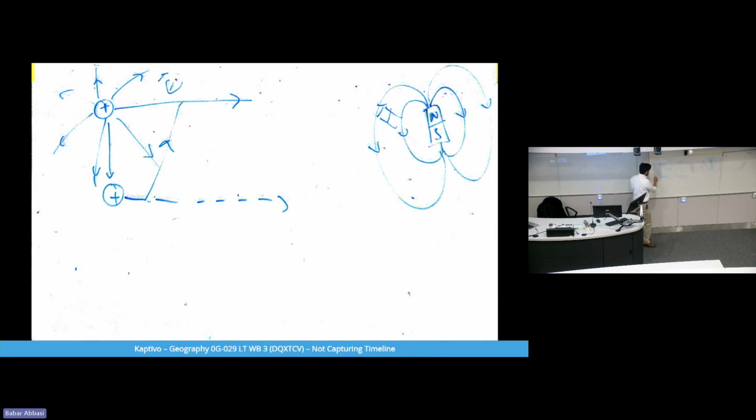So rate of change of charge is current, right? So if a charge is moving, there's a teeny tiny current happening here, right? That teeny tiny current, according to which law? Ampere-Maxwell's law.